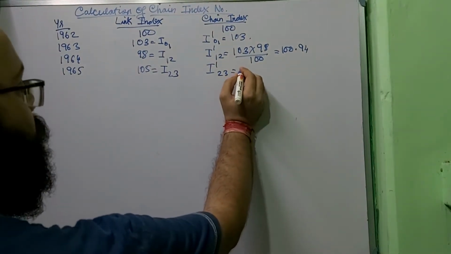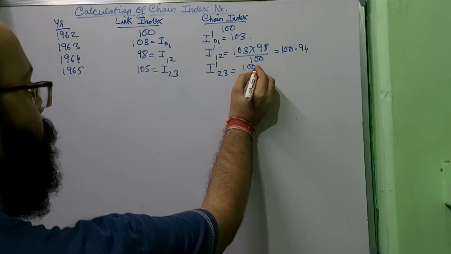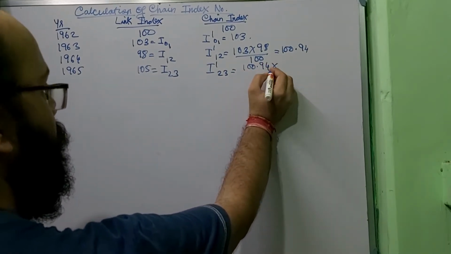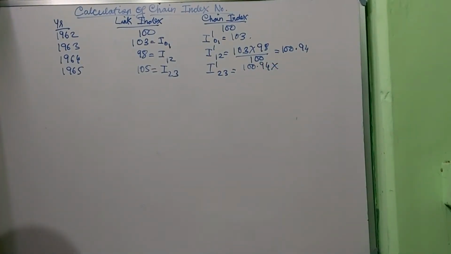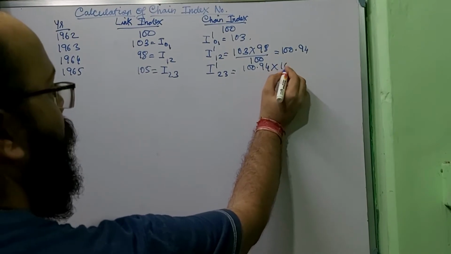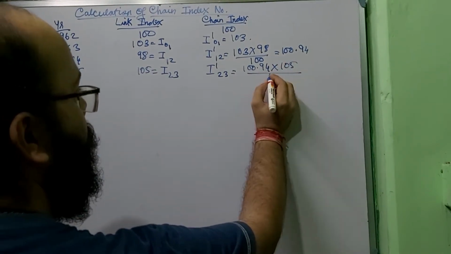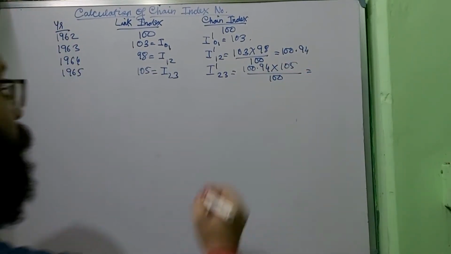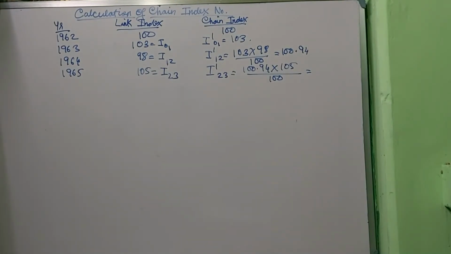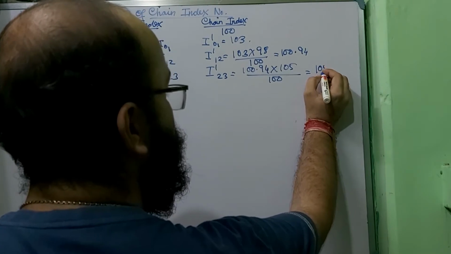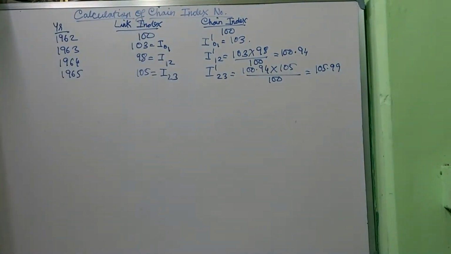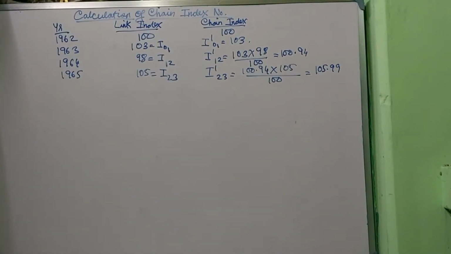So second is 100.94 into 105 divided by 100. Right? That is why 23. So we are getting 105.99.